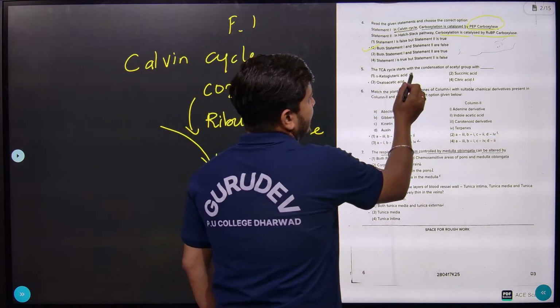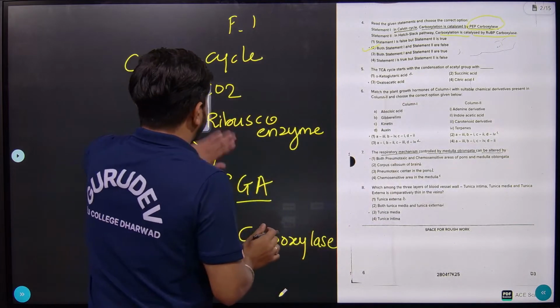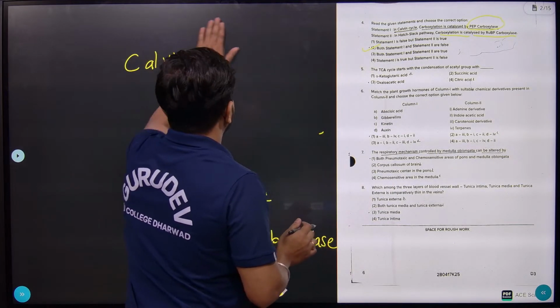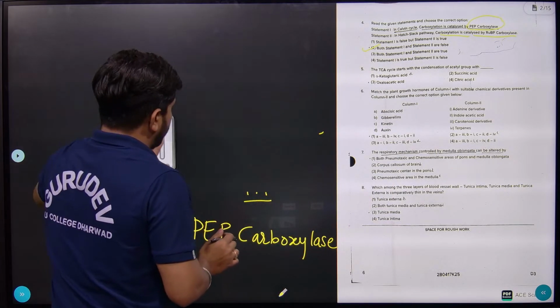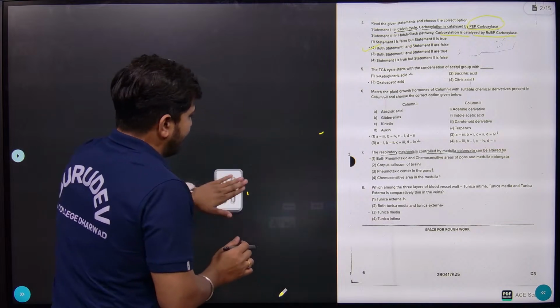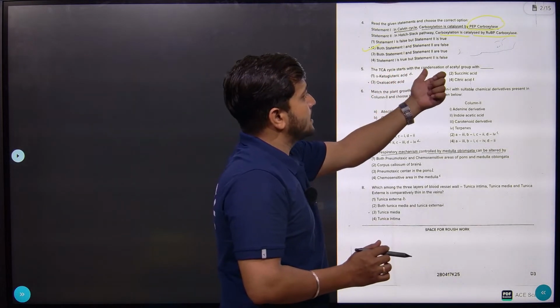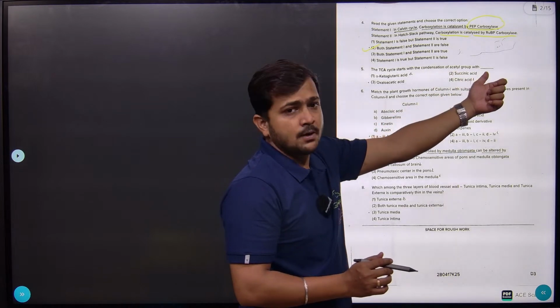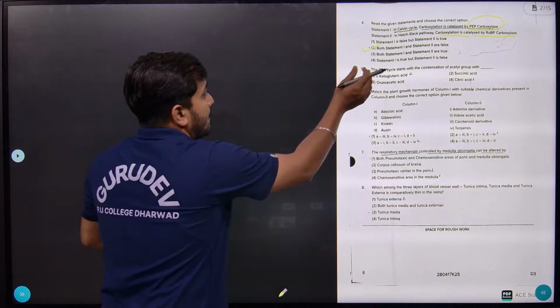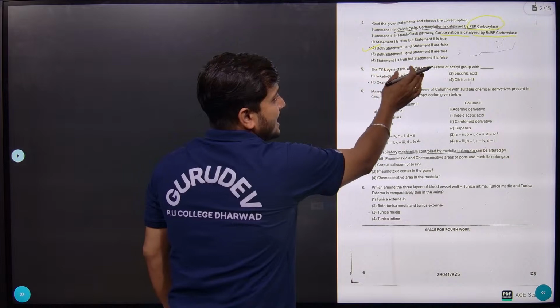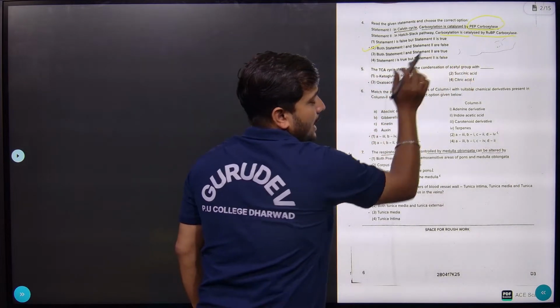Then the next question is on the TCA cycle. Related to the TCA cycle, what they are saying is that the TCA cycle starts with the condensation of what? The acetyl group.